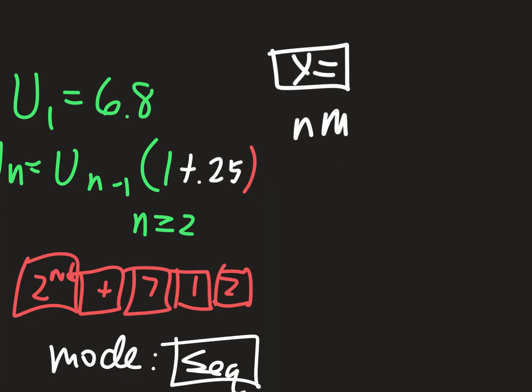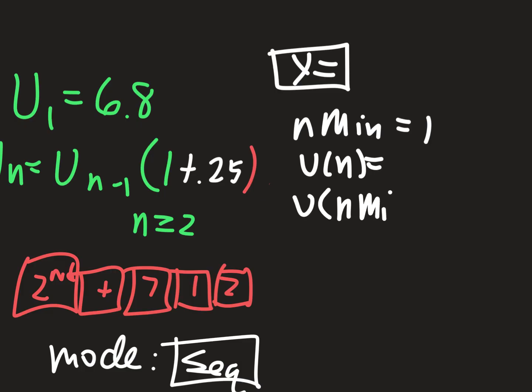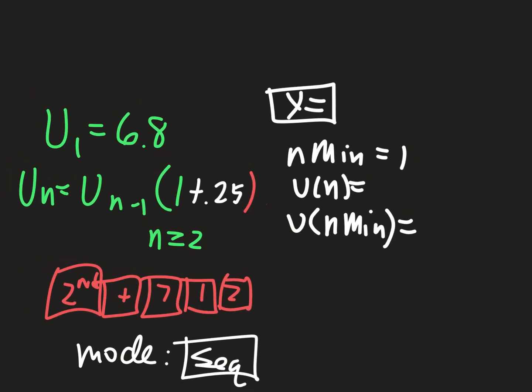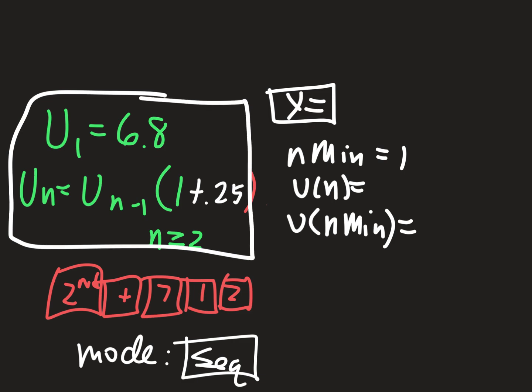N min equals 1. U parenthesis n equals, and then U parenthesis n min equals. Do you remember how to put this into a calculator?